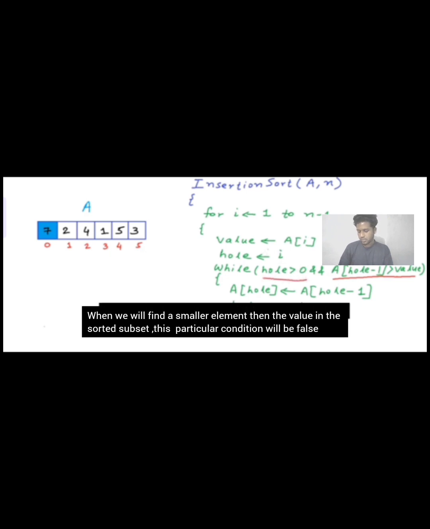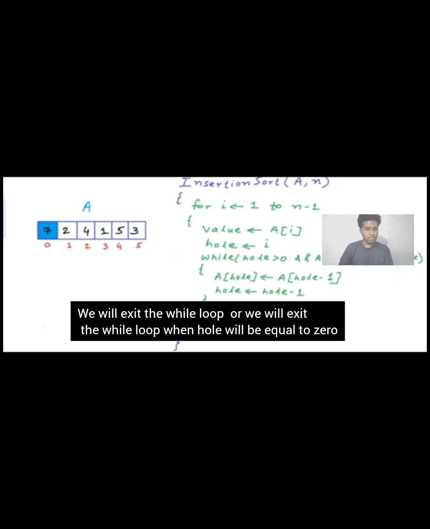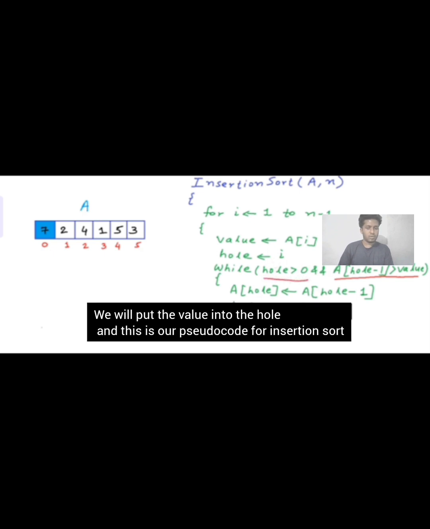When we find an element smaller than the value in the sorted subset, this condition will be false. We will exit the while loop, or we will exit the while loop when hole is equal to 0. So there will be no more elements to shift, and finally we will come out of the loop. We will put the value into the hole, and this is our pseudocode for insertion sort.